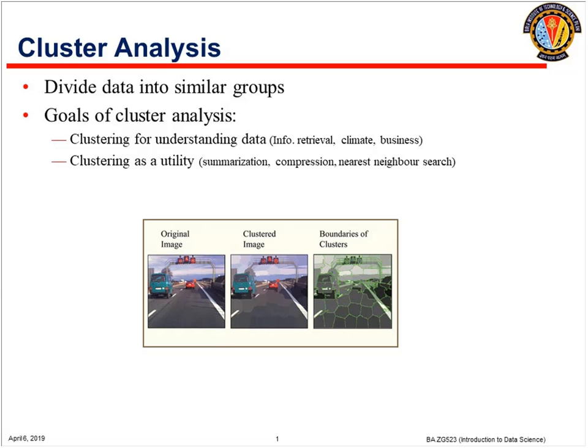Then it can be used as a utility itself. It can be used as part of doing something else, an initial pre-processing step that I told you about earlier. For example, in summarization, say there is a lot of text, and you want to find out different news items coming from all the text.